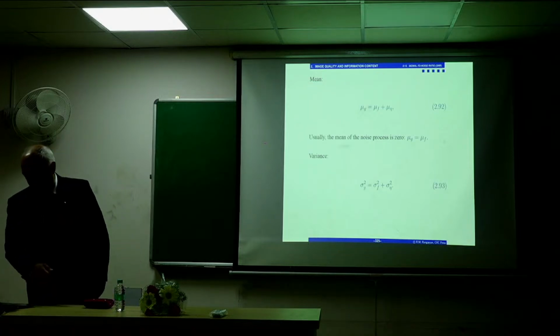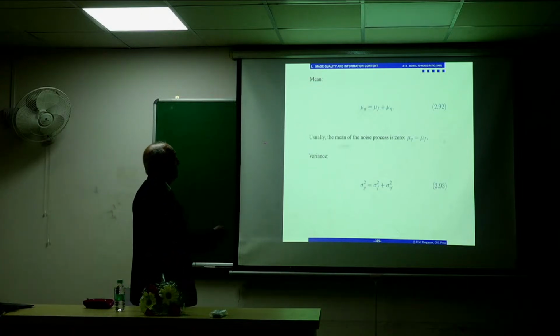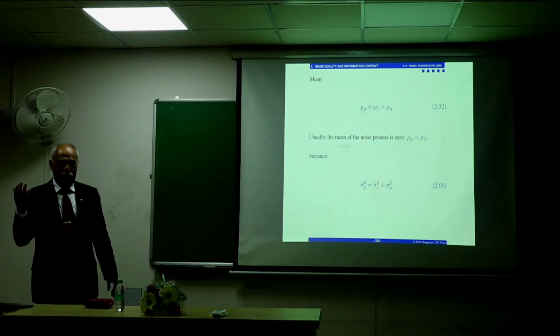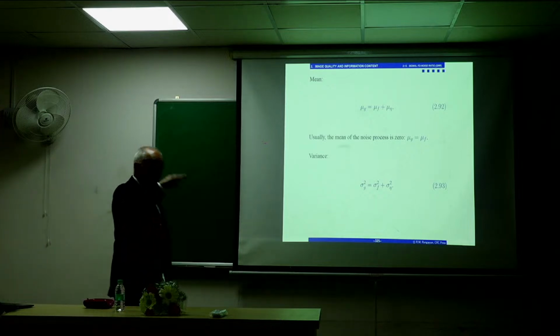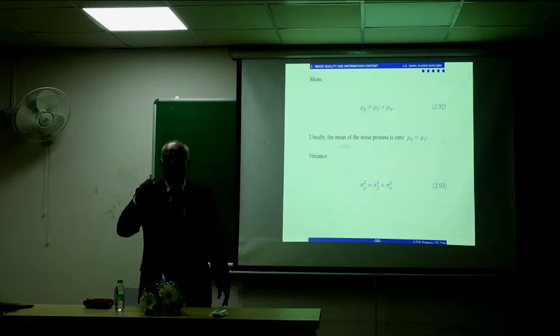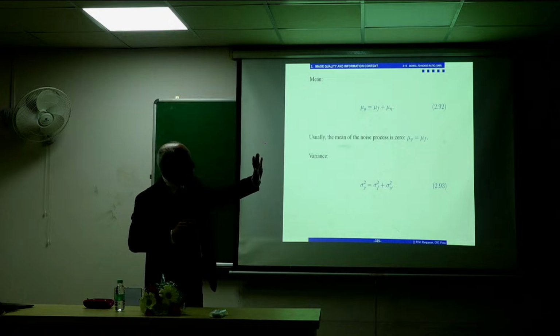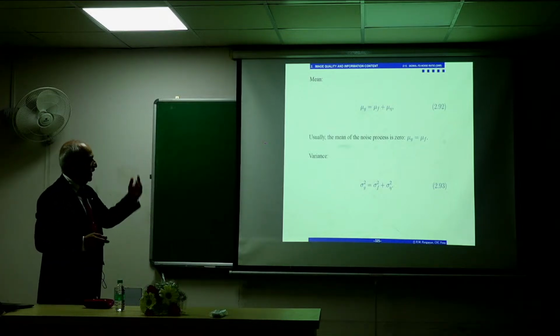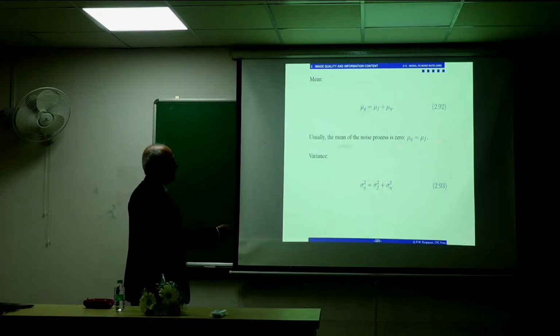That's an assumption made. If you take the mean, mu_g is mu_f plus mu_eta. But mu_eta typically is 0. Random noise will have 0 mean if it has positive and negative values. There are some types of noise, like Poisson noise, which only has positive values. Then that doesn't work. So if your noise has 0 mean, then the mean is preserved.